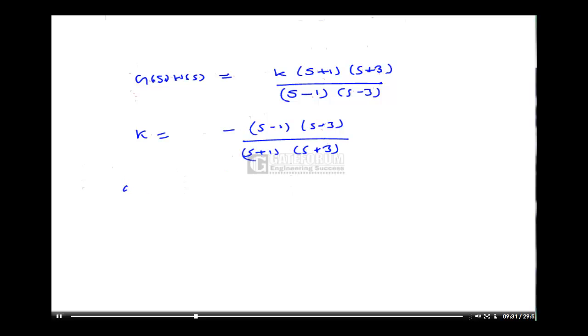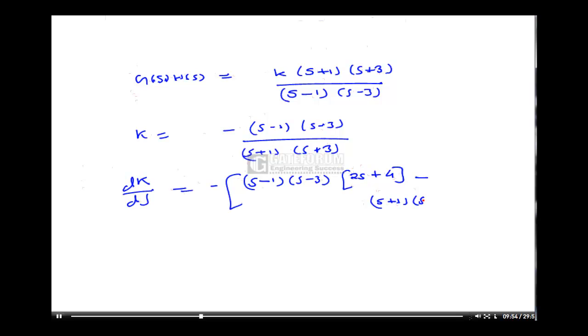So dk/ds is the numerator times the differential of the denominator minus the denominator times the differential of the numerator, which gives 2s plus 4 minus 2s minus 4.